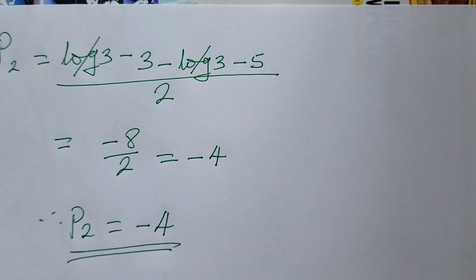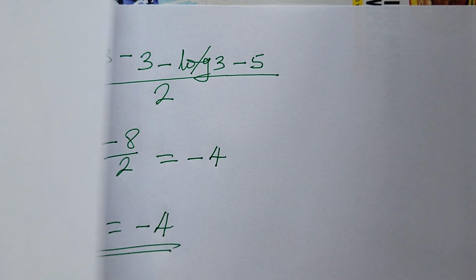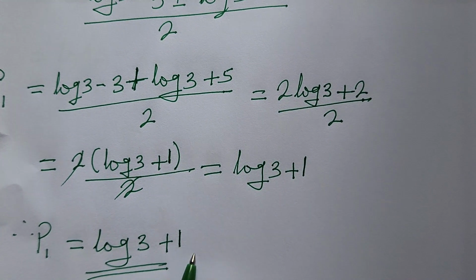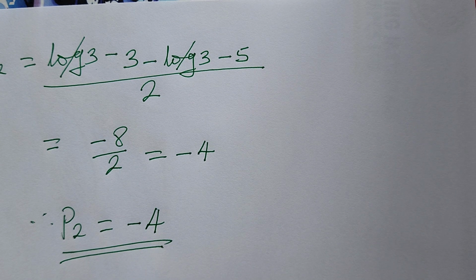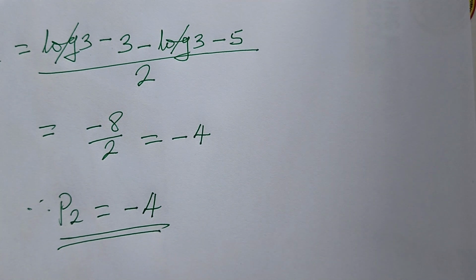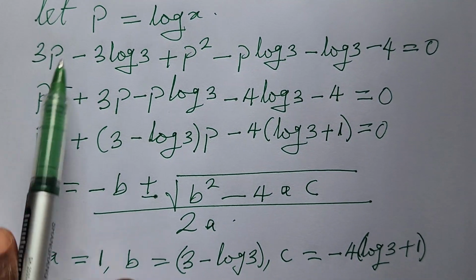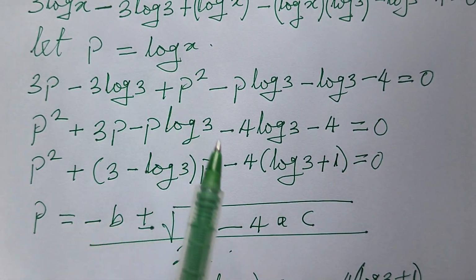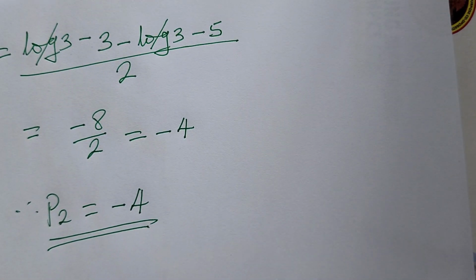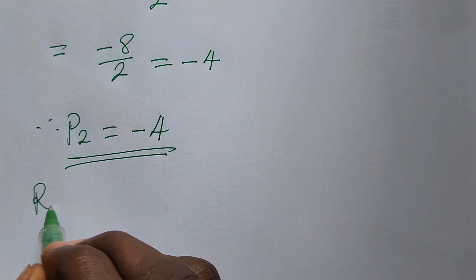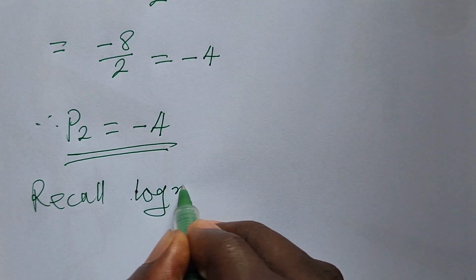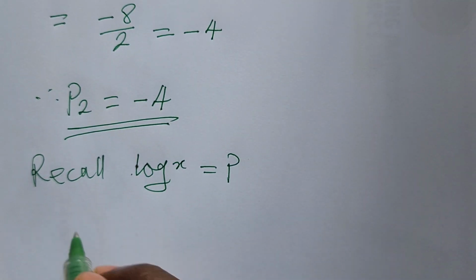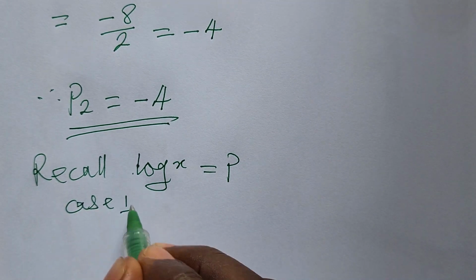Okay, so we have our P1 to be log 3 plus 1, and our P2 to be minus 4. Now we recall where we said let P be something. You remember that? Look at where we said let P be equal to log X. So from here we now recall where we said log X is equal to P. We'll now take case 1.